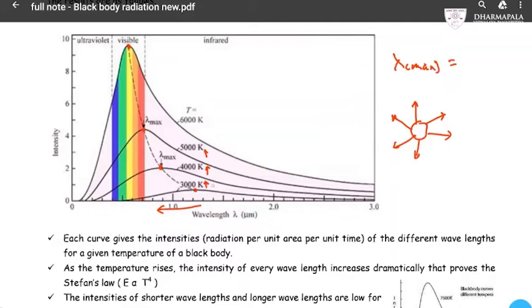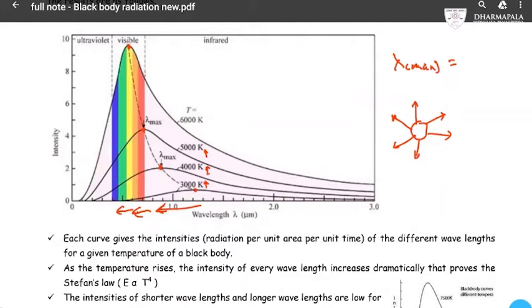So in this graph you can see with the increase in temperature that lambda max, the wavelength of maximum intensity, is shifting towards the lower wavelength side. When wavelength decreases, the frequency is increasing.